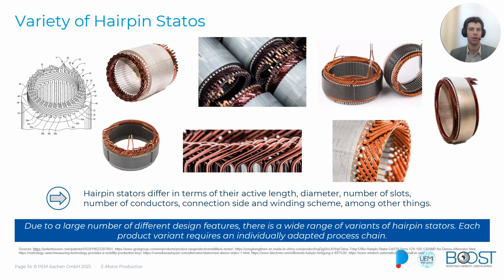They differ in the height of their connection or bending side, and they differ in their winding scheme, among other things. And each product variant requires an individually adapted process chain. Today we took a look at the generic process chain.